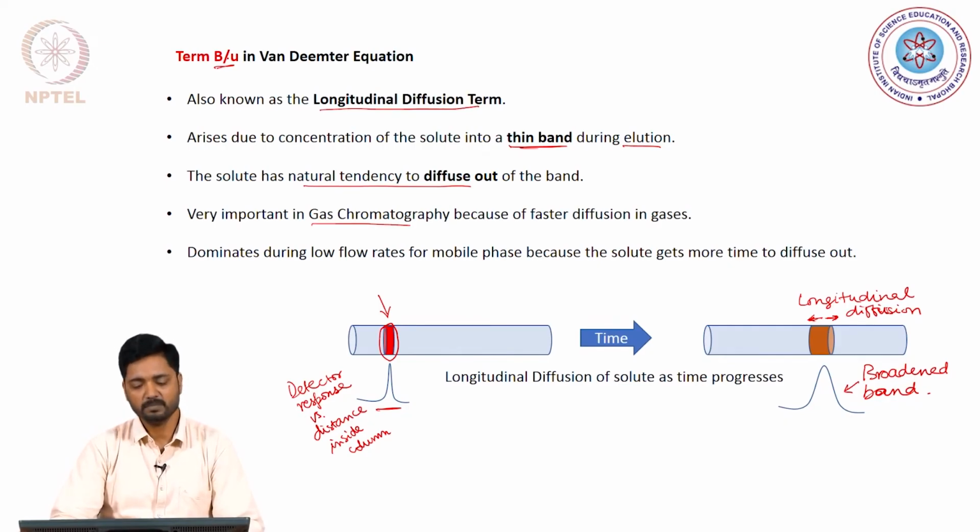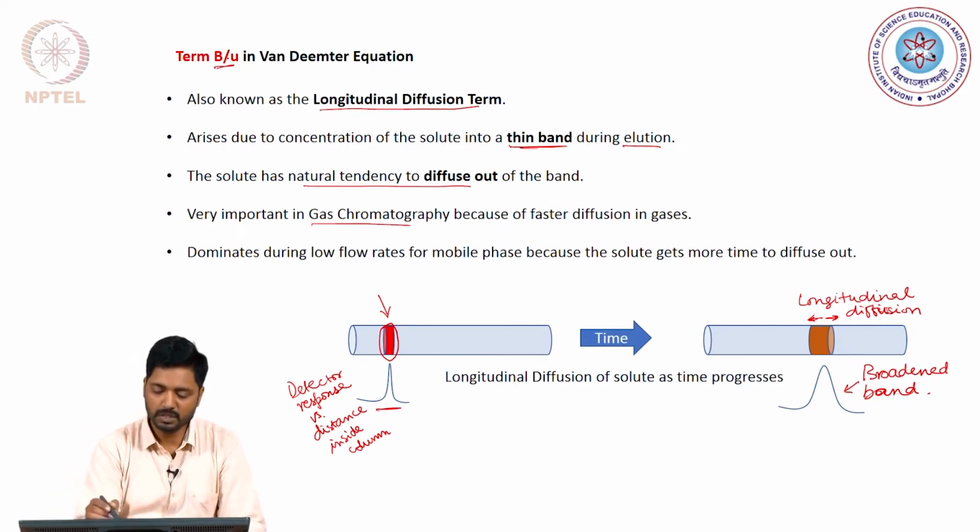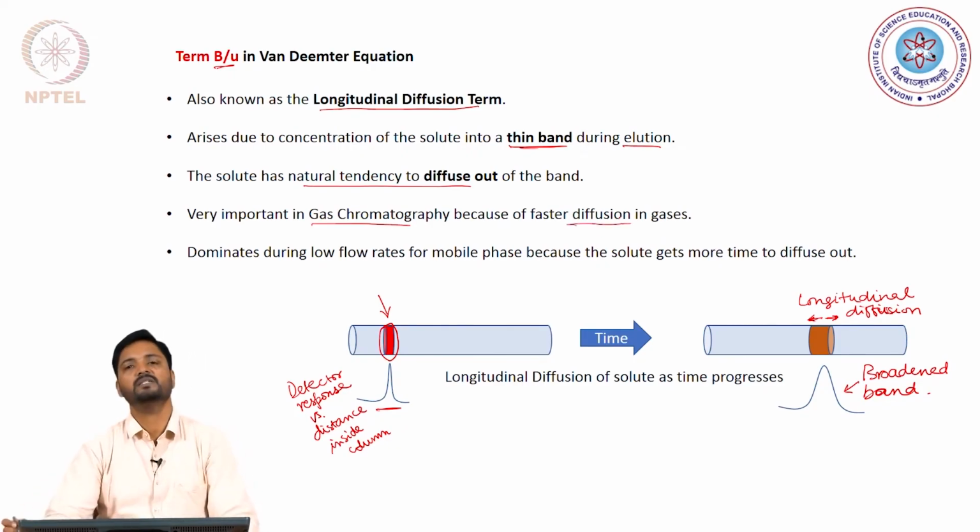That happens because the diffusion of the solute inside gases is much faster. On the contrary, when we are using liquid chromatography, in liquids, because of their dense nature, the rate of diffusion is significantly slower, and hence the solute will not be able to diffuse out to a significant extent during the short chromatographic separation times that are usually preferred.